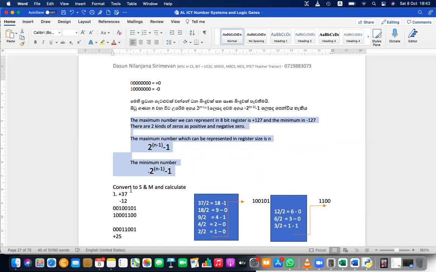If you are asked to do the calculation, this one plus this one, normally what we do is subtract from the first one. 1 minus 0 is 1. 0 minus 0 is 0. 1 minus 1 is 0. 0 minus 1 is minus 1. You can't write like that. 0 minus 1, you can't subtract. Then you try to subtract from the 0, 0, again cannot subtract. Then you try to subtract from the 1, 0, 0. 1, 0, 0 is 4.